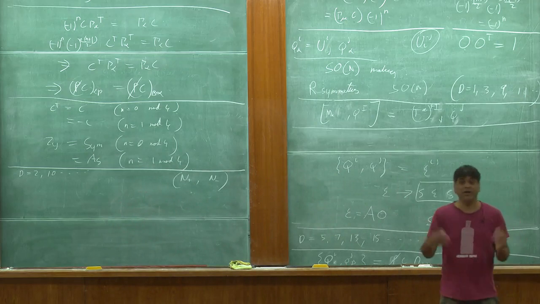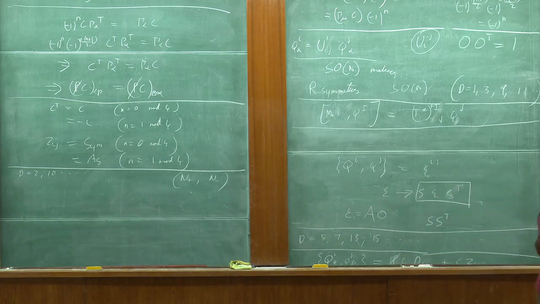So in every odd dimension, I just have to tell you the number of supersymmetries. Here I have to separately tell you how many chiral supercharges we have and how many antichiral supercharges we have. Is this clear? Okay. So now let us write down the algebra.